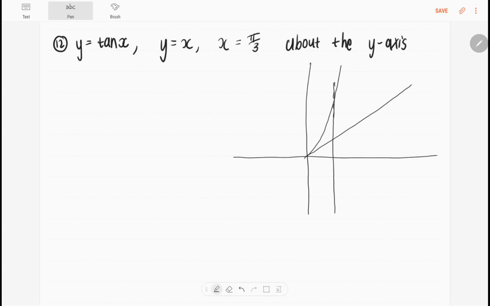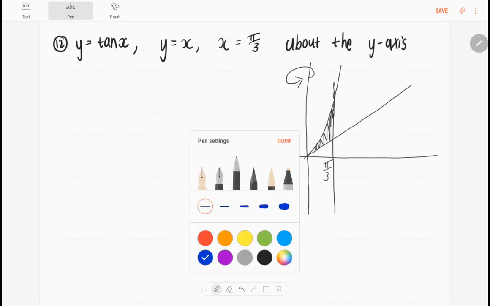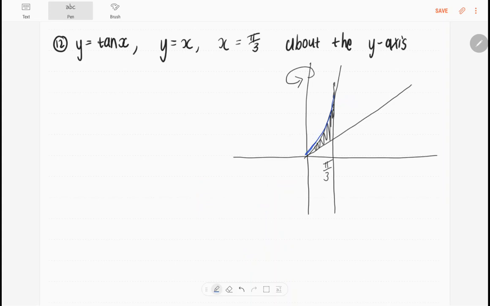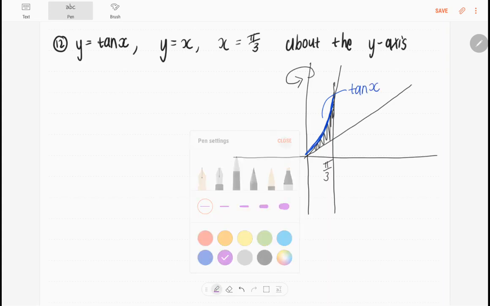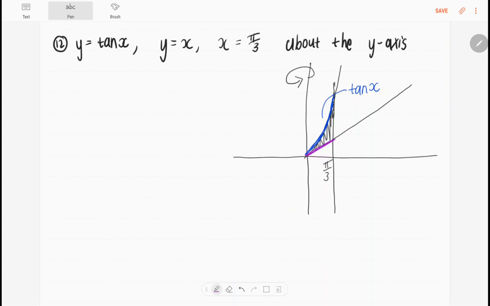So what we need to do is take this area and rotate it about the y-axis, right? So let me just fill this in. This is pi over 3. Then we have our function here, which is our tan x, and we have our function here, which is just x.